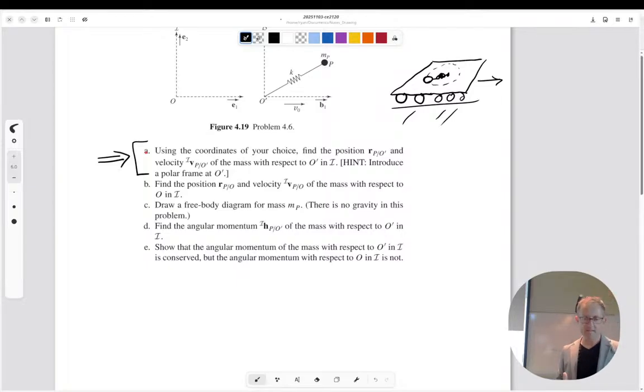So we want coordinates of our own choice. What is position? What is velocity in the moving frame? We have this little prime here. How do we describe position, and how do we describe velocity in that O prime frame?